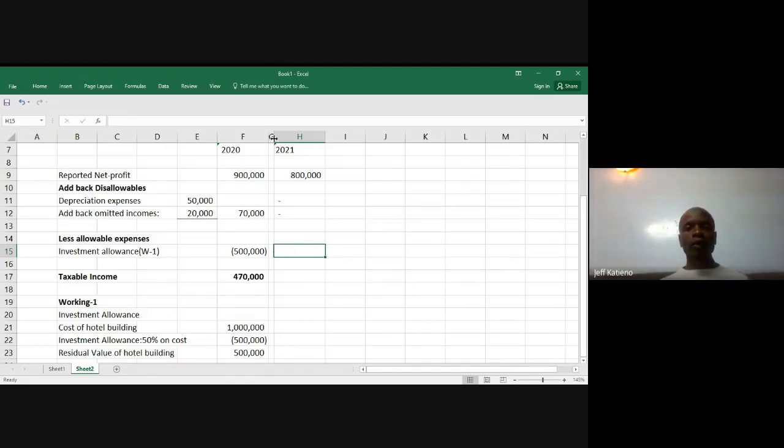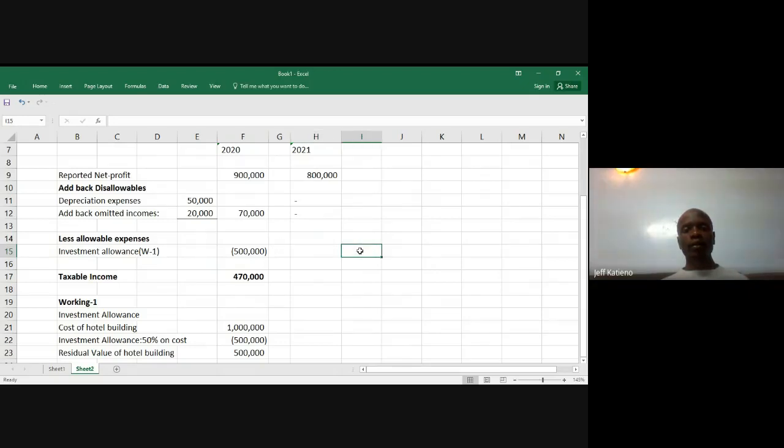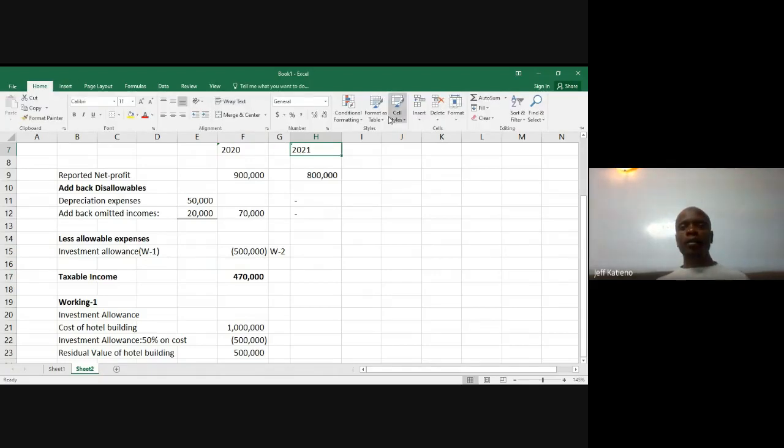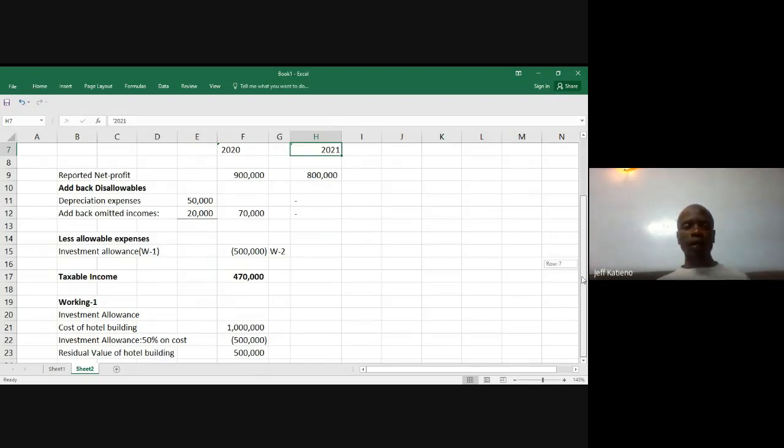Let me put it on this side. Working two, our working for investment allowance, will be like this. So we go to our schedules here.